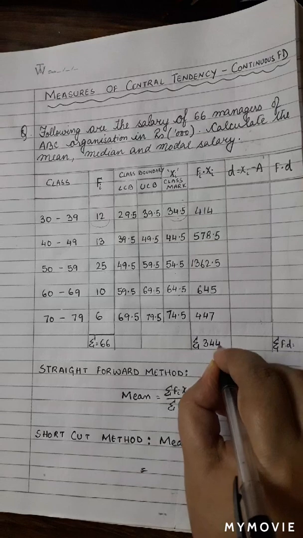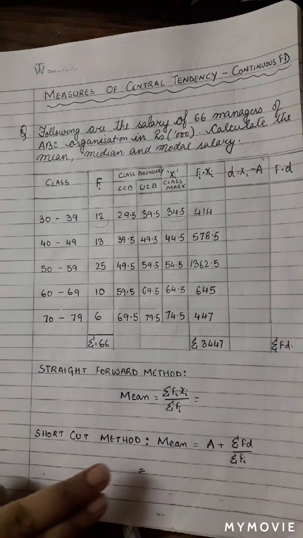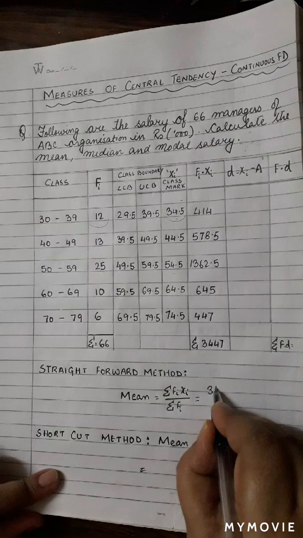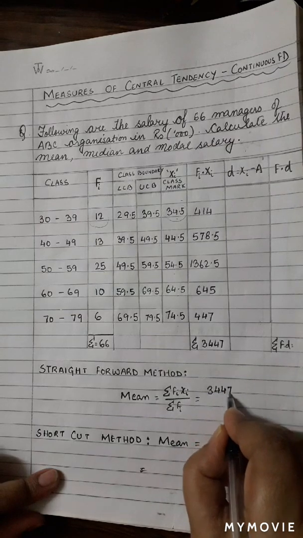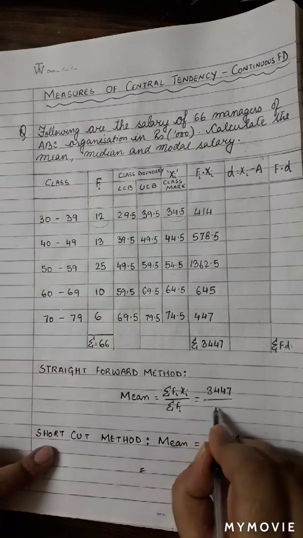So now, to calculate the value of the mean, we will just substitute the value of summation fx, which is 3447, by summation of f, which we know is 66.